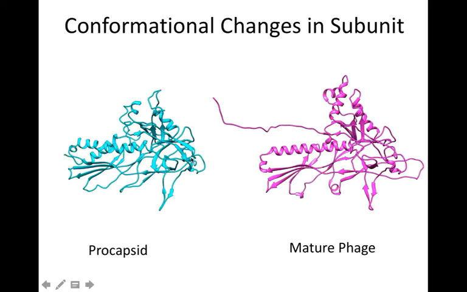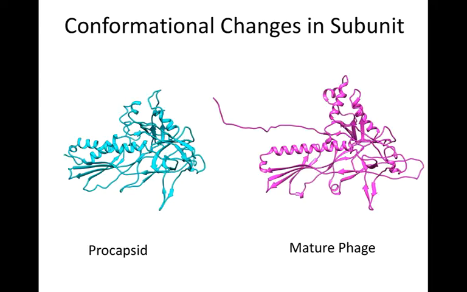The extensions of these long loops are also different. There are also other variable parts, like for example this helix here, which would also have a different conformation in the procapsid structure.